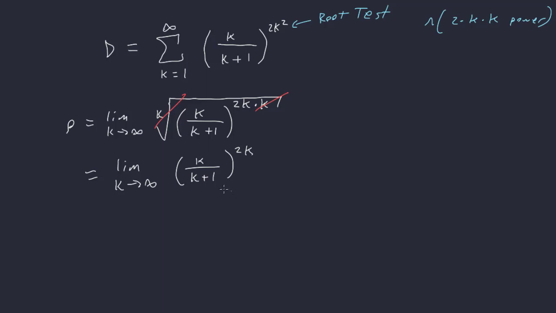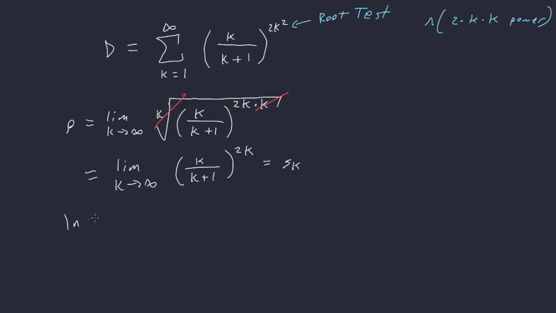All right, so what we're going to do is take the natural log of rho. Actually, let me do it this way. Let's call this S sub k.